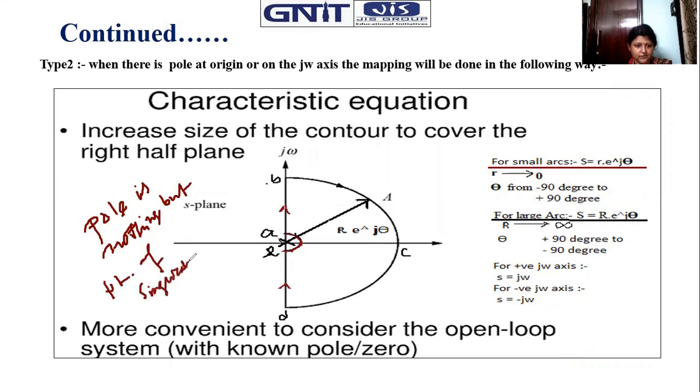R should be limited to infinity, as we are covering the whole right hand side of the s domain. And theta should be from plus 90 degrees to minus 90 degrees. That is our arc, very simple. We are considering the arc having plus 90 to minus 90.